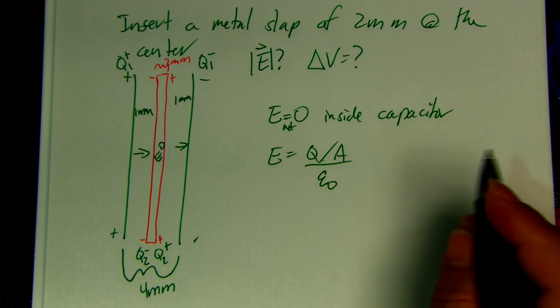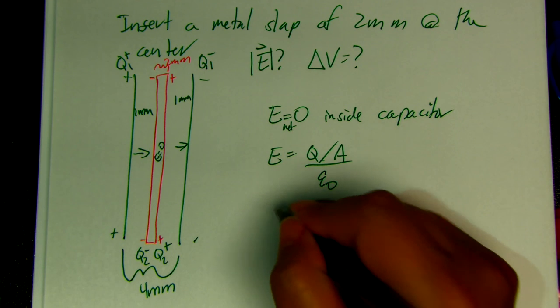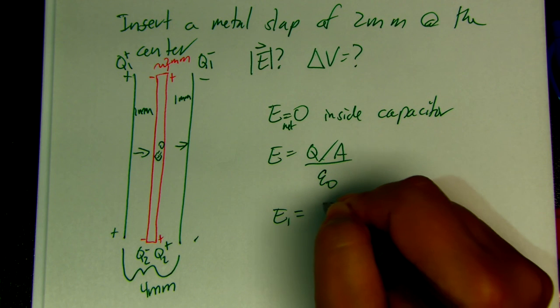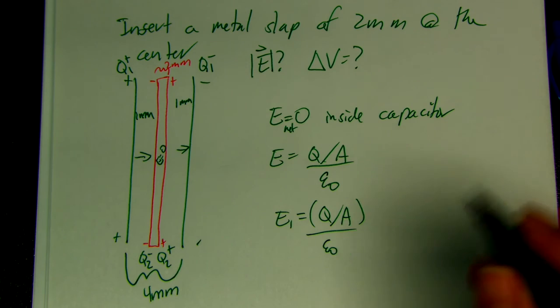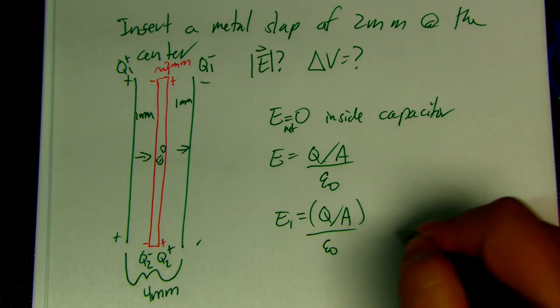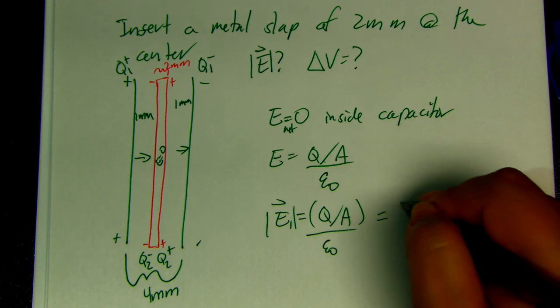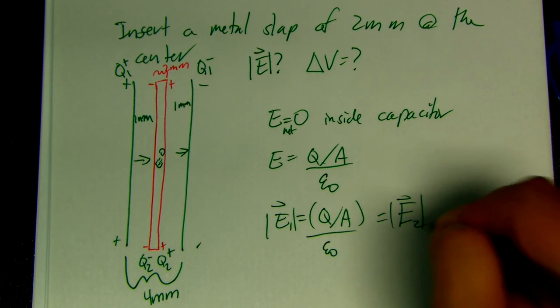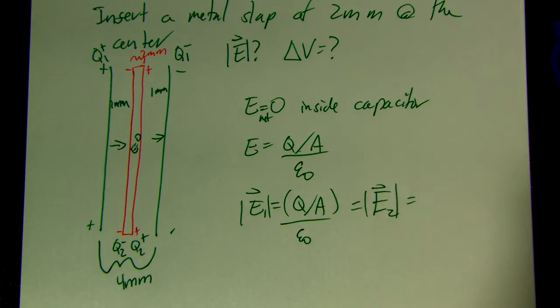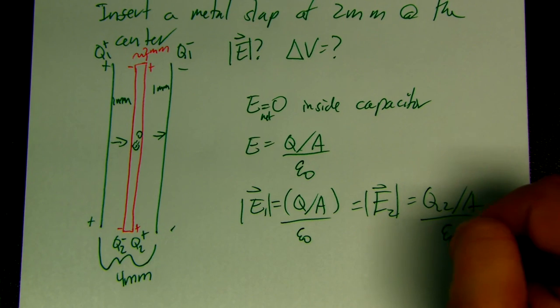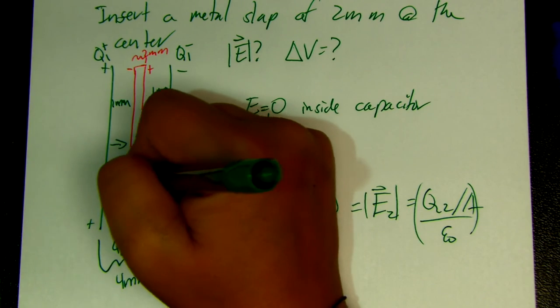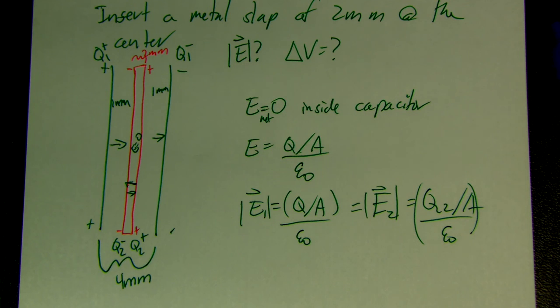So E1, equal to Q over A epsilon naught, must have a magnitude equal to the magnitude of E2, the field from the polarization, Q2 over A epsilon naught, because if you've got these two fields that are equal in magnitude and opposite in direction, then you have a net field of 0.